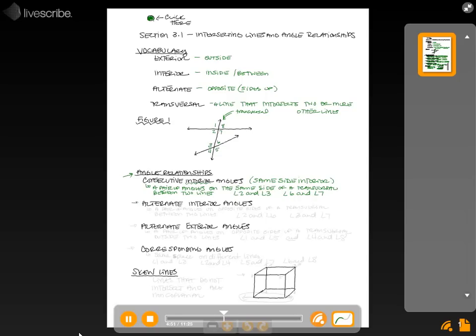Our next one is alternate interior angles. It's got 2 of our vocabulary words. Okay, alternate we said meant opposite or on opposite sides of, and interior meant the inside or between.